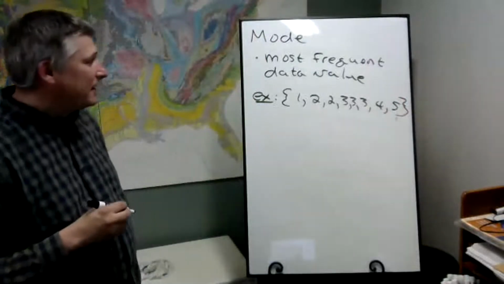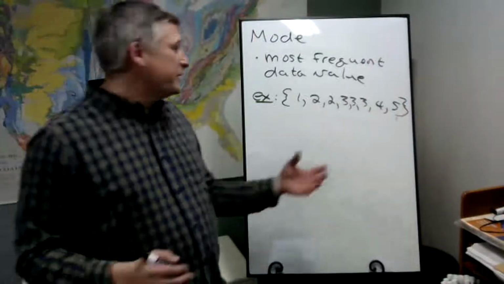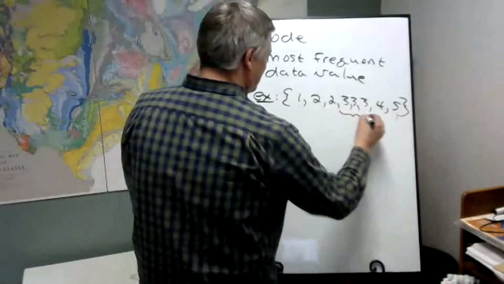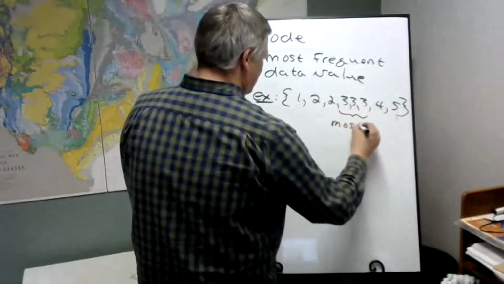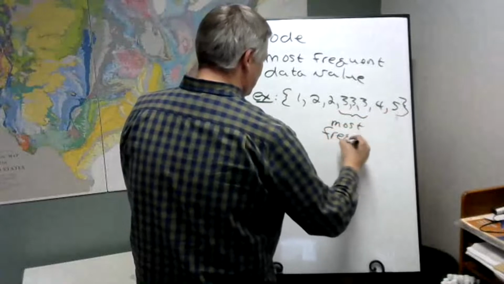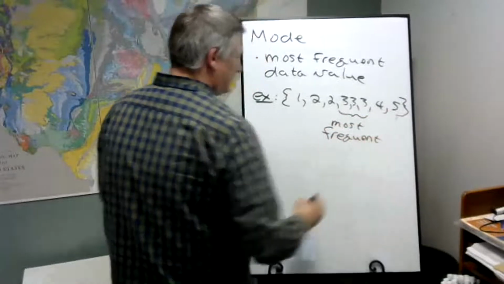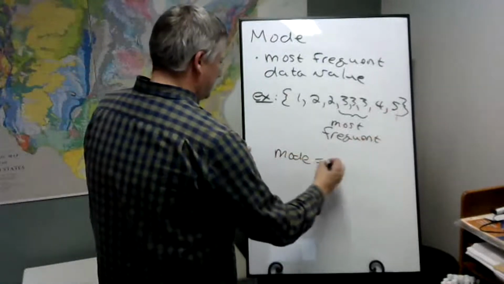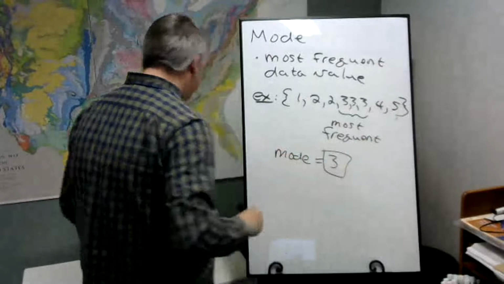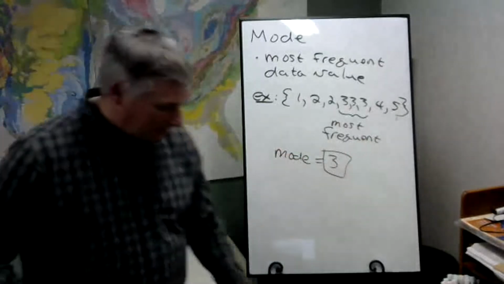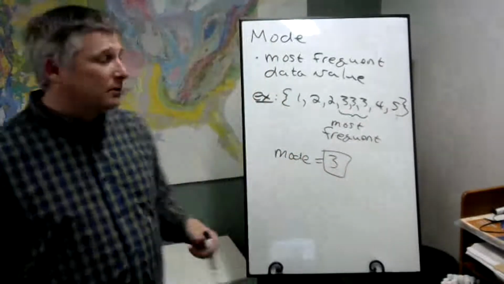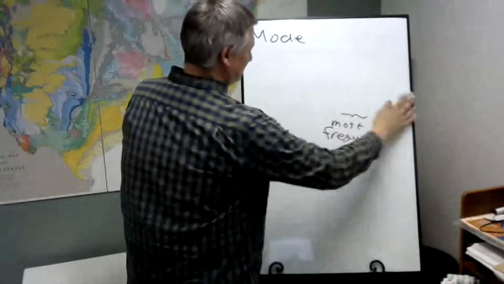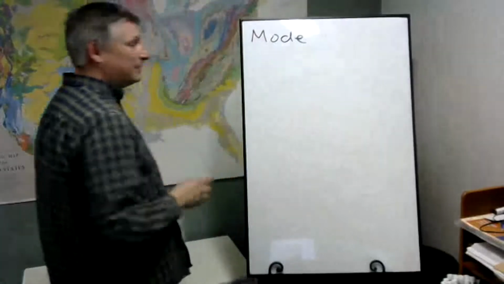Let's say these are data values. The most frequent one is the 3s. So in this case, the mode equals 3. Now, you can have more than one mode. So let's say we have this.